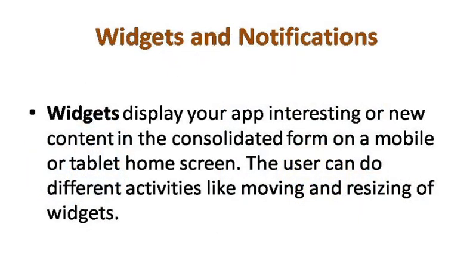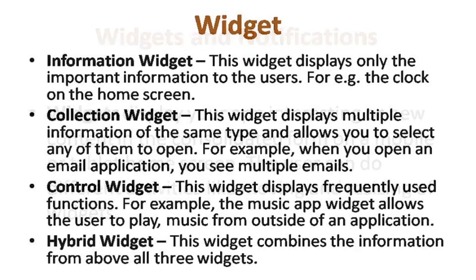The last component is widgets and notification. The widgets display new content for the application. Suppose you want to have a new component, then we can create it as a widget, and widgets can be classified into information widget, collection widget, control widget and hybrid widget.